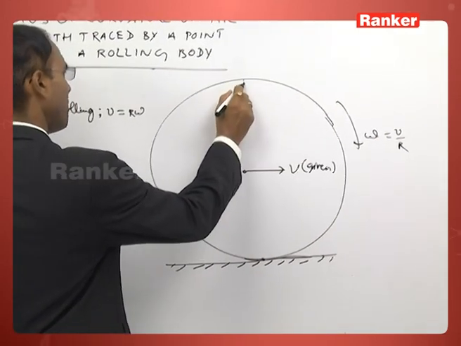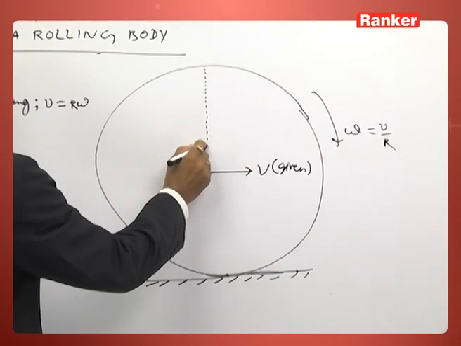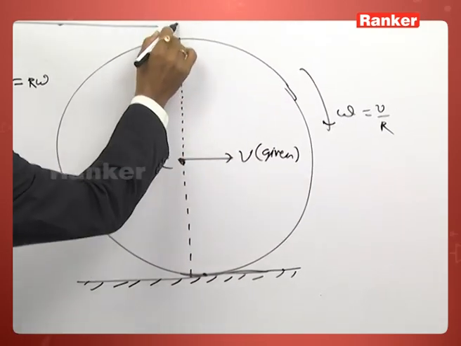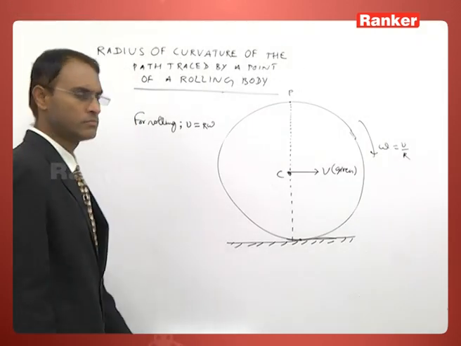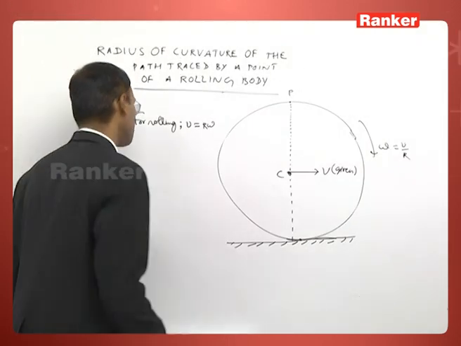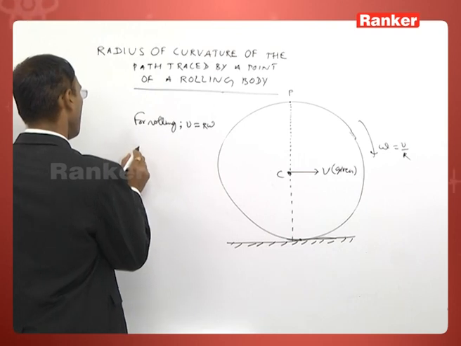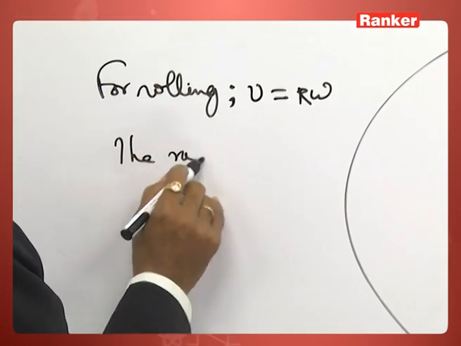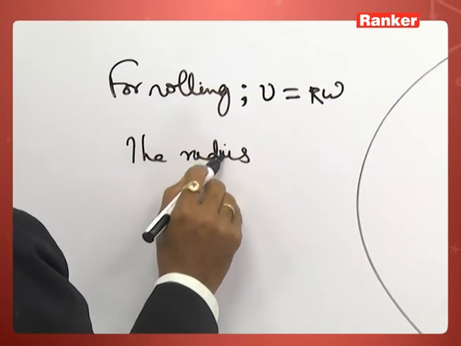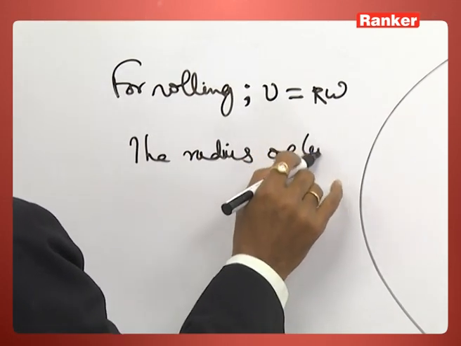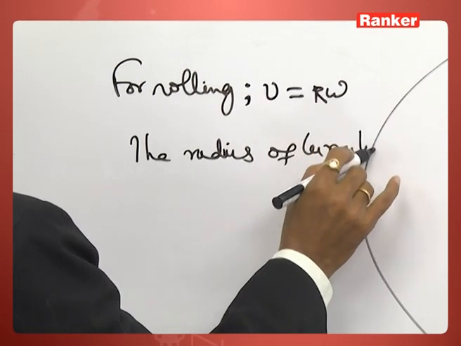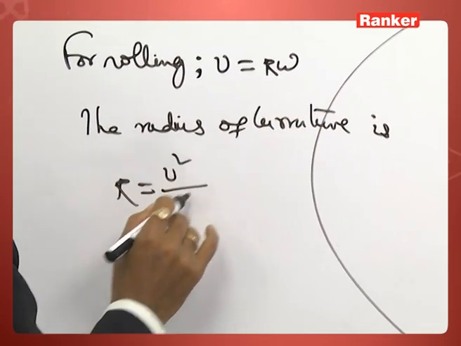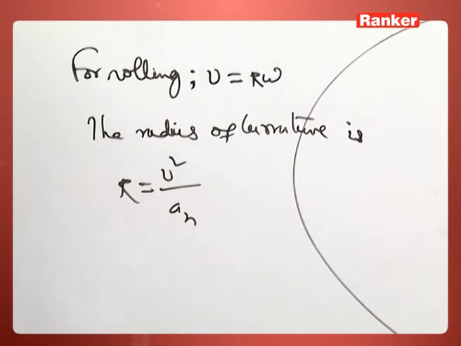Let us take the top point P. The radius of curvature is v square by normal acceleration.